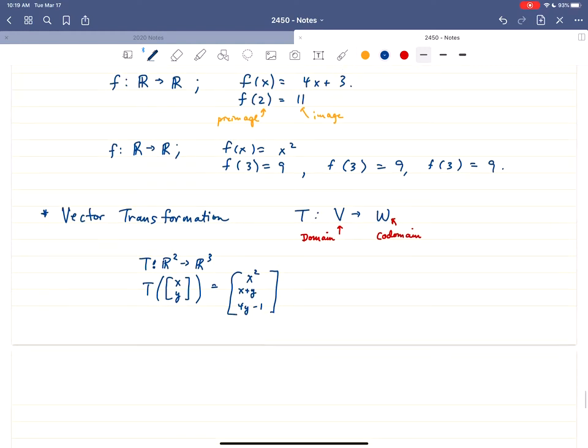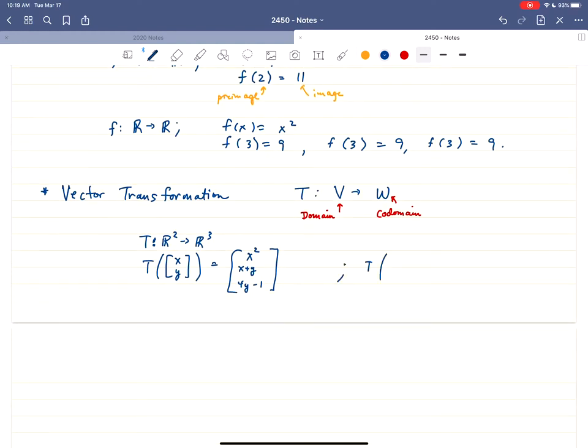We can say exactly the same stuff as before if we look at T of (2, 1). Letting x be 2 and y be 1, our outputs are 2 squared is 4, 2 plus 1 is 3, and 4 times 1 minus 1 is also 3. So our image is the vector (4, 3, 3). Our pre-image is the vector (2, 1). Everything is exactly the same. That's what a vector transformation is.